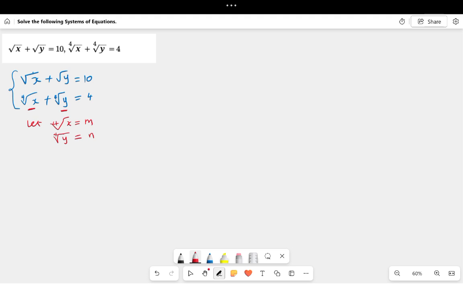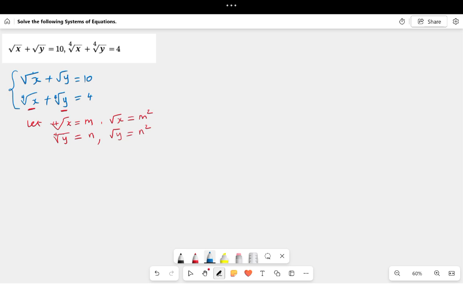Consequently, the square root of x will therefore be equal to m squared, and that of y will be equal to n squared. Now we are going to rewrite the equation again, by using m and n.